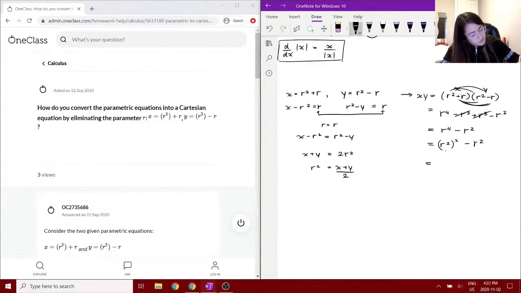Then we can sub in r squared with what we found before. So that's x plus y divided by 2 squared minus x plus y over 2.